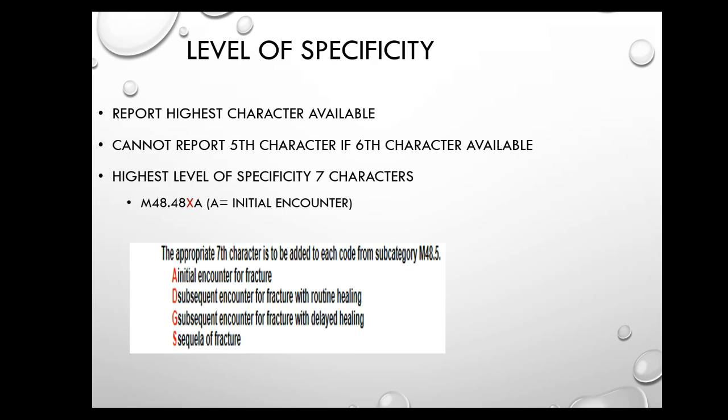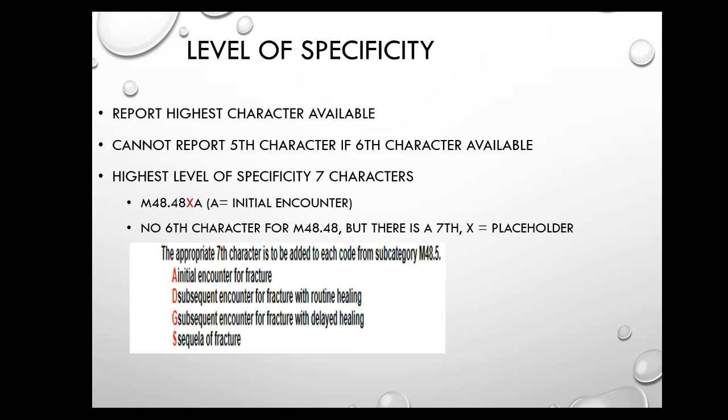Here's an example. M48.48XA. The A is the 7th character assignment for this code. When there is no 6th character available, we must use a placeholder of X. We will see those as we continue to code and use our index.